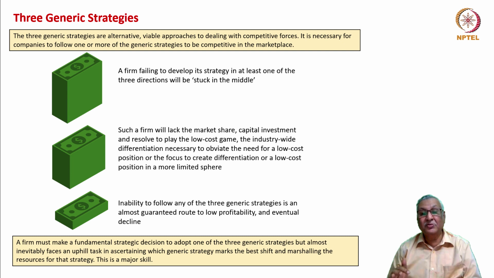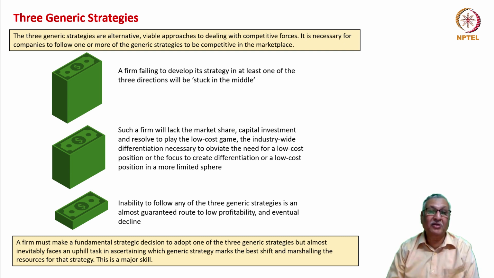It will not be able to follow even a focus position, because it is trying to toggle amongst all these strategies, and the requirements to create each of these positions is different, as we have seen. And inability to follow any of the three generic strategies as an overriding philosophy is almost a guaranteed route to low profitability and eventual decline.